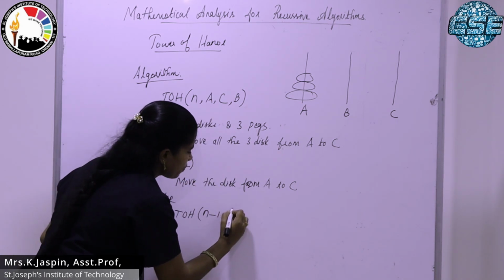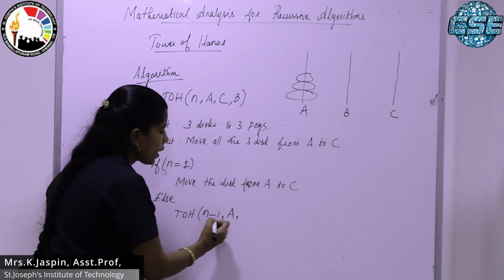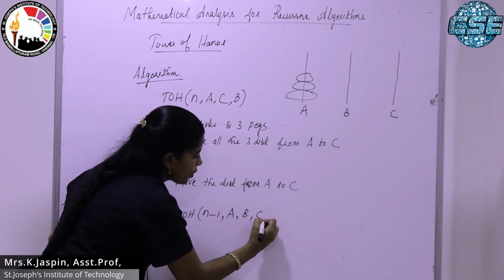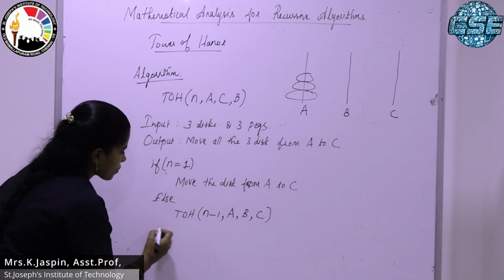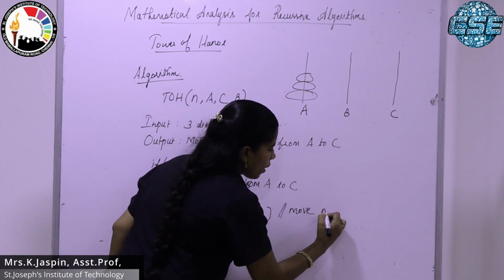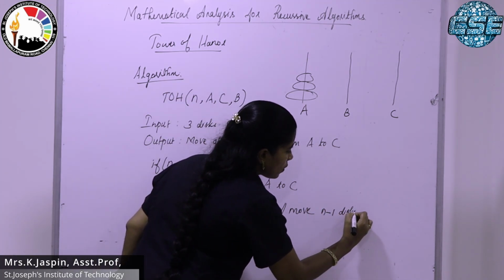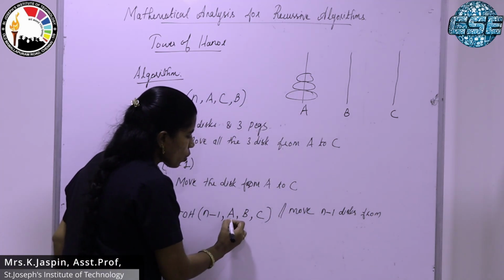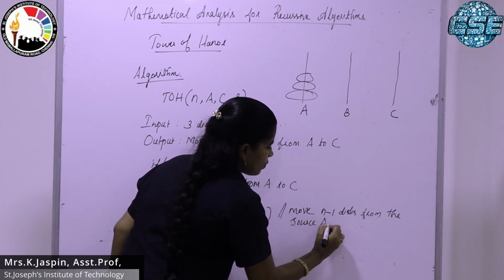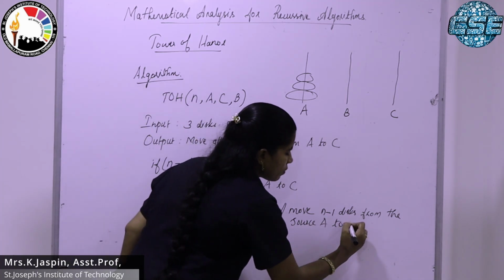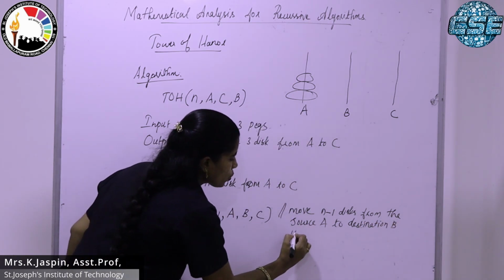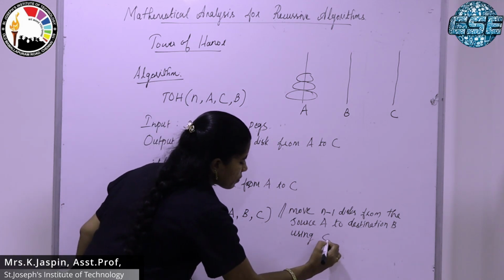Here the source is A. Initially I need to move n minus 1 disks from A to B using the intermediate pillar C. That is, here we are moving n minus 1 disks from the source A to the destination B using the intermediate pillar C.